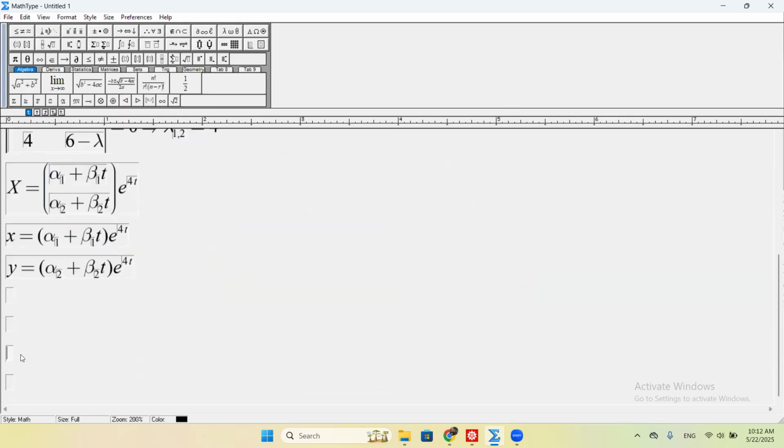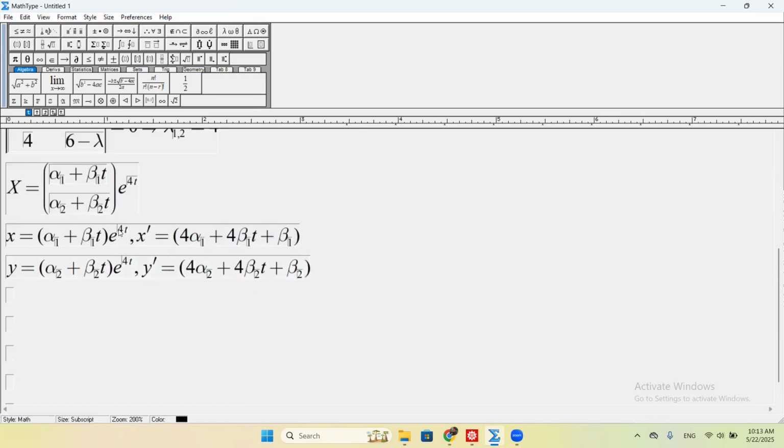So differentiating x, it will be equal to 4 alpha 1 plus 4 beta 1 t plus beta 1. Then y prime will be the same, but with other indices on alpha and beta.